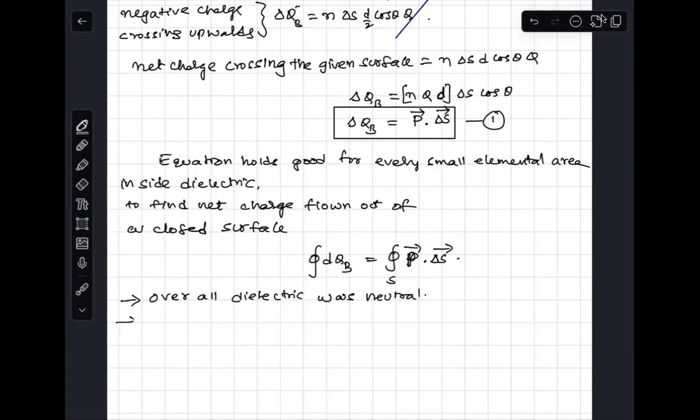So I should comment one point here. Suppose a positive charge is coming up, an equivalent negative charge goes inside.